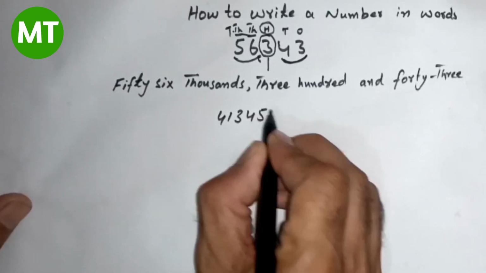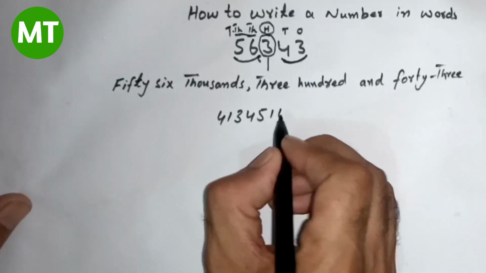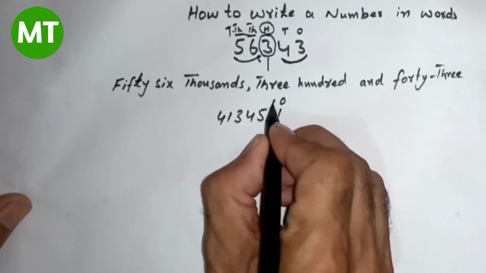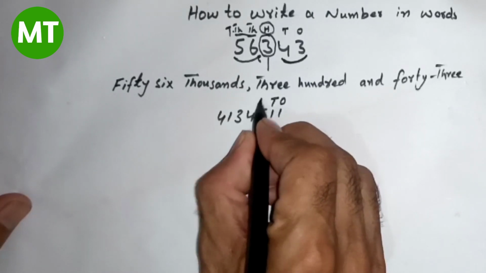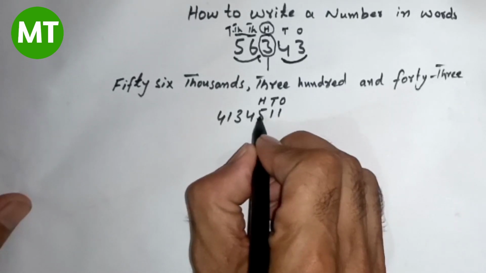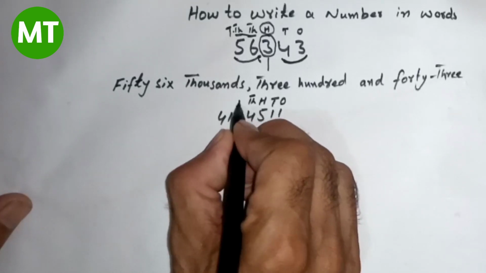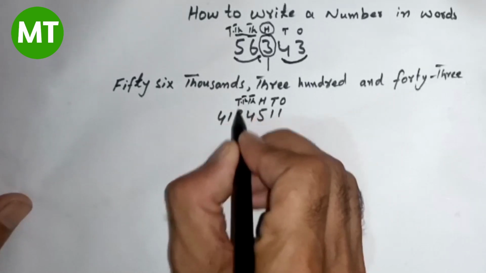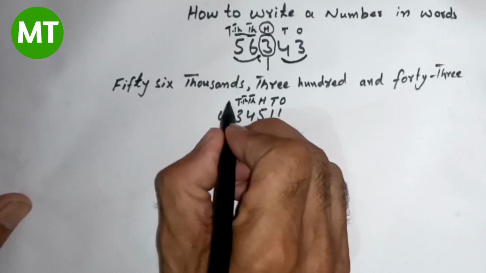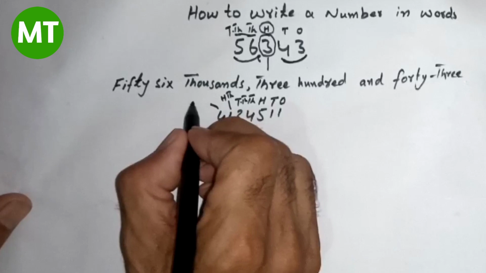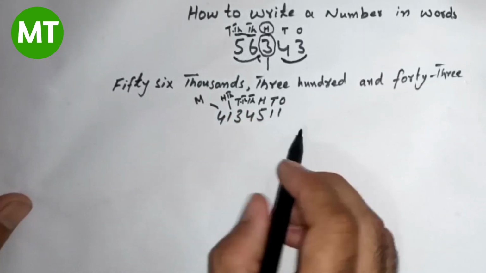For example, we have a number. First we will draw a sketch over every digit. This is ones, tens, this is hundreds, 4 is at the 1000 place, 3 is at 10,000s, 1 is at 100,000s, and the 4 is at million.